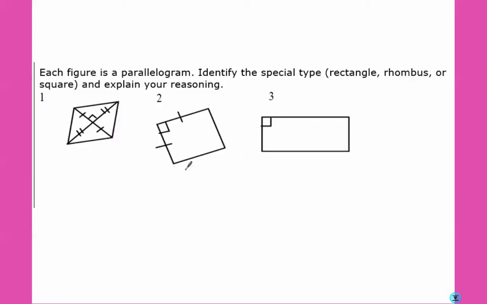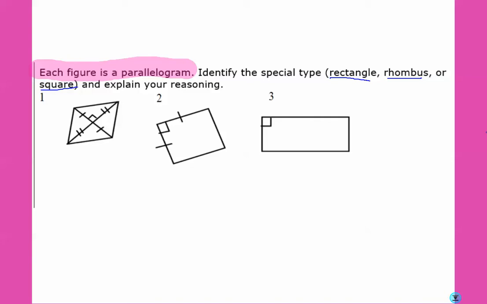All right, so let's identify which type of parallelogram each of these are. Now it tells us already that each figure is a parallelogram, so we know the parallelogram rules are going to apply. Then we're going to identify whether it's a rectangle, a rhombus, or a square.